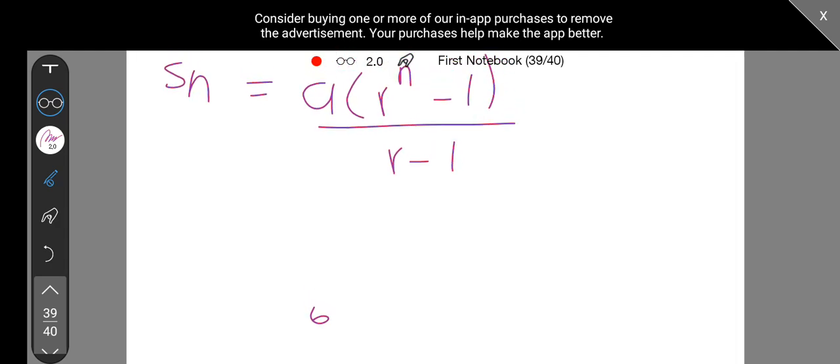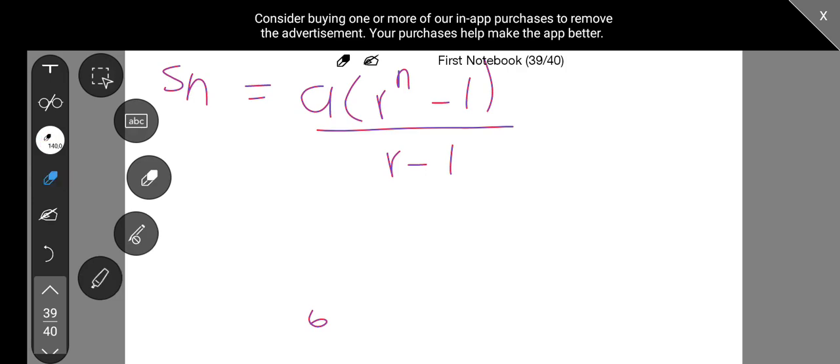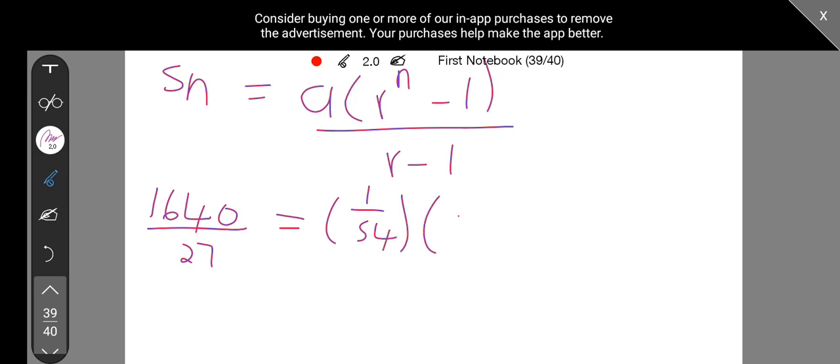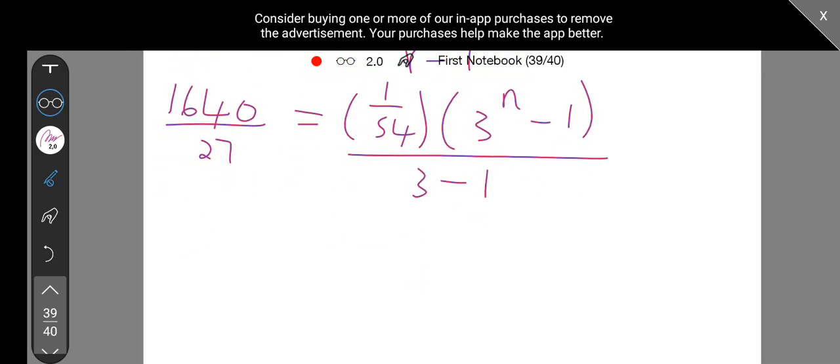This is 1640 divided by 27, equal to the first term in the series, 1 over 54, multiplied by r, which is 3, the ratio, to the power of n, which stands for the number of terms, minus 1, divided by 3 minus 1. So what we're going to do here is simplify this.